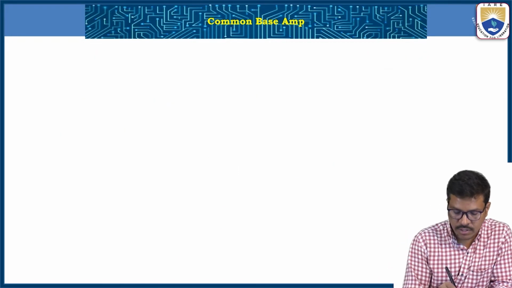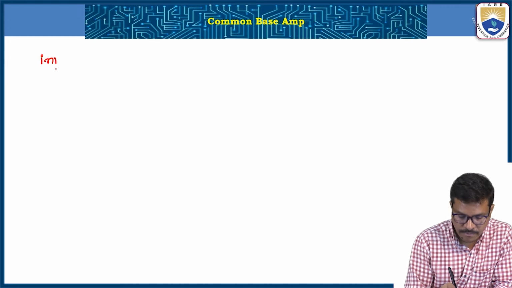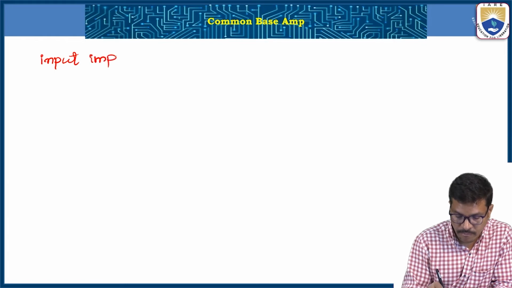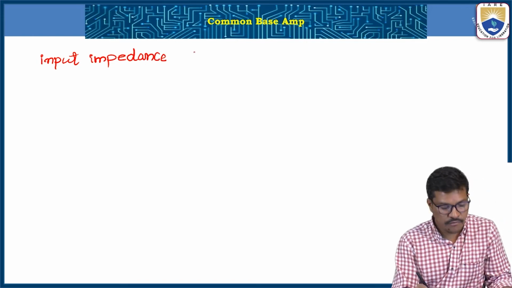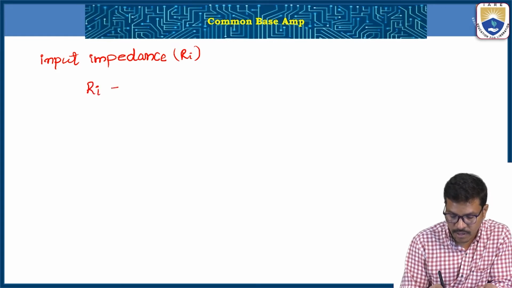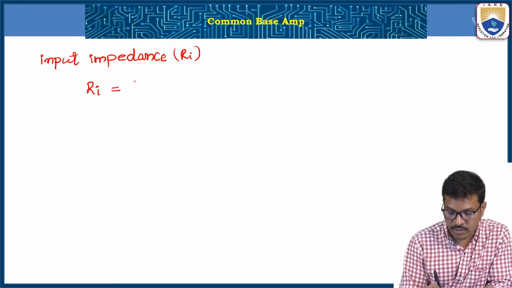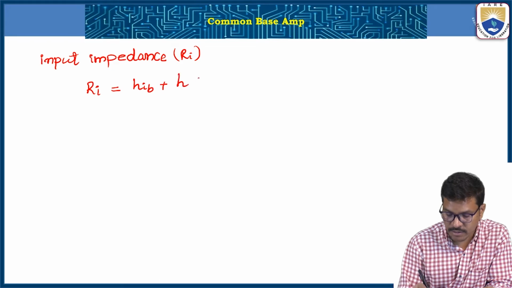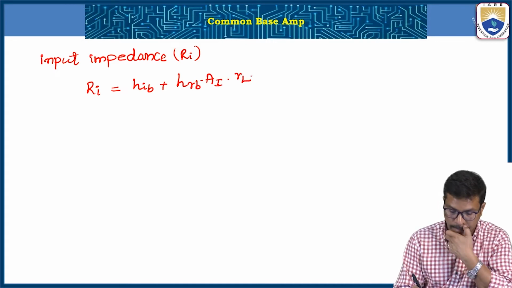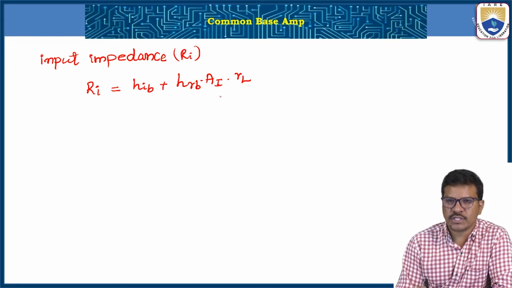Next one, input impedance. The formula for input impedance is Ri is equal to HIB plus HRB multiplied by current gain into RL. Why am I choosing this formula?